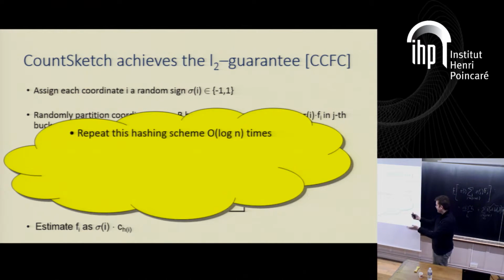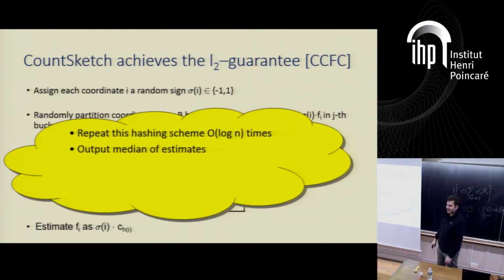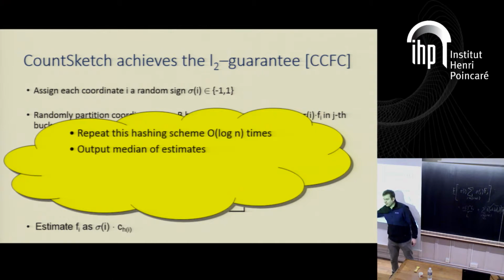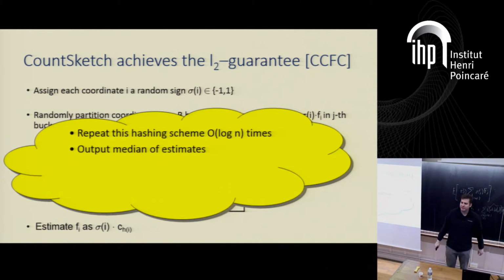Accuracy. So suppose we repeat this hashing scheme log n times in parallel. And just like we saw for L1 heavy hitters, we get an estimate for each of those repetitions, and we take the median across the log n repetitions.